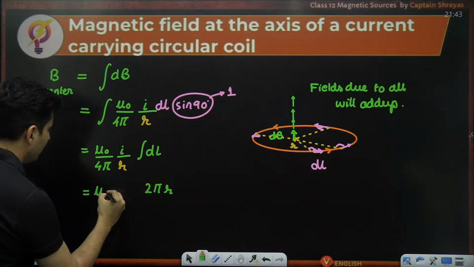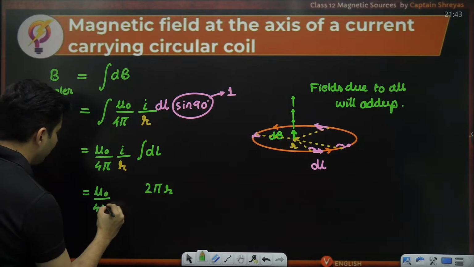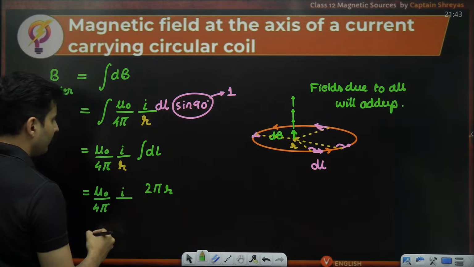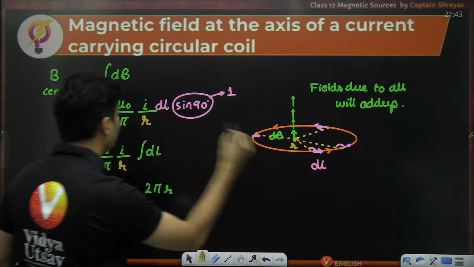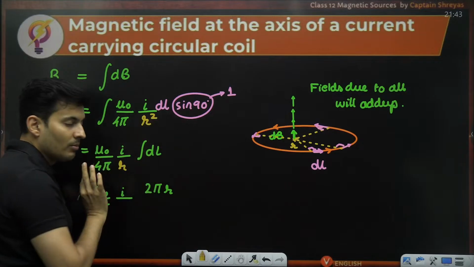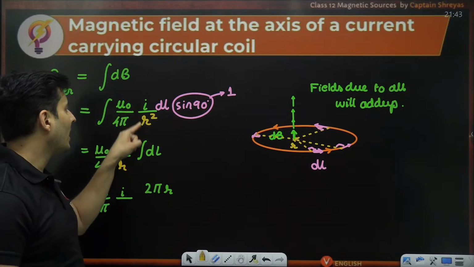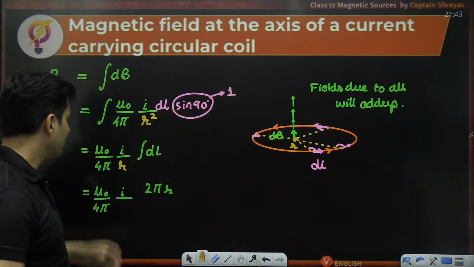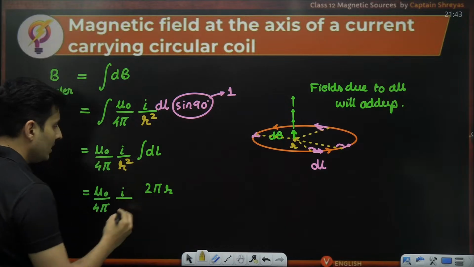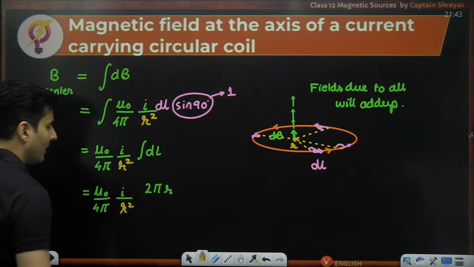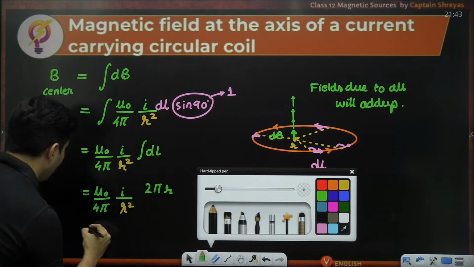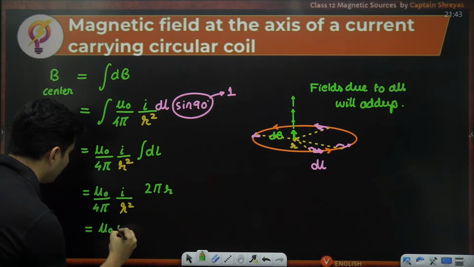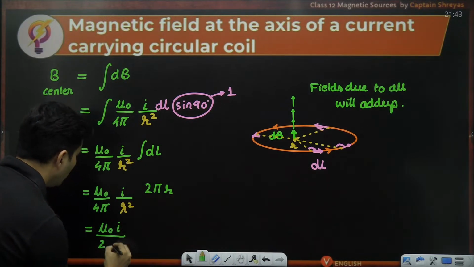Oh, sorry, I forgot r square. I'm using Biot-Savart's law: mu naught by 4 pi I by r square dl was there. So I forgot that r square, my bad. So just keep that r square here. R and r will cancel. 2 pi and 4 pi will also cancel. And I will definitely get mu naught I divided by 2r.